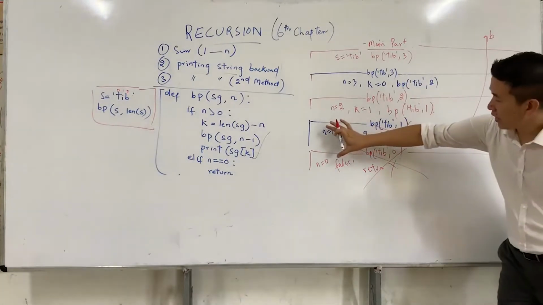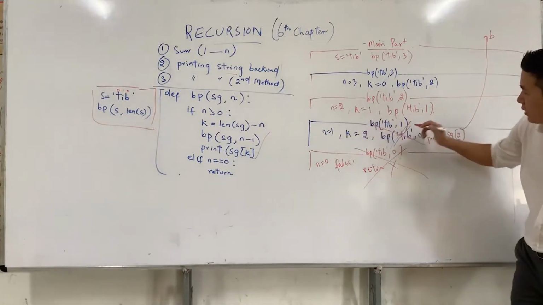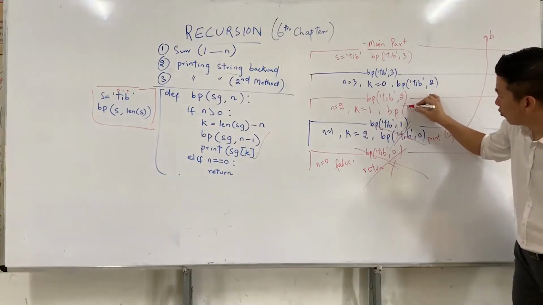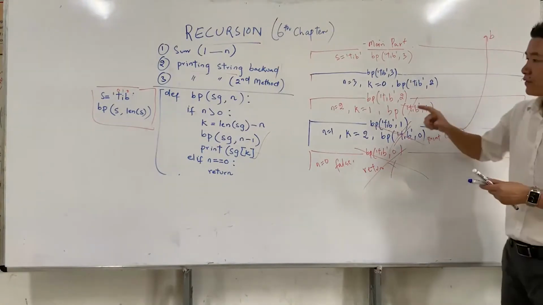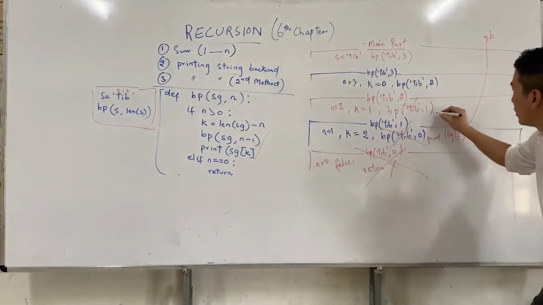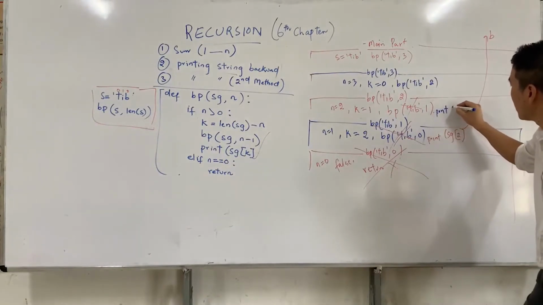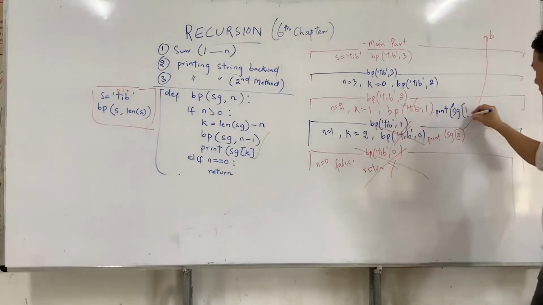So I am completely done with the execution of this function definition, which means I am now done with this particular statement. Again you have the pending statement of print SG of k. The value of k is 1.